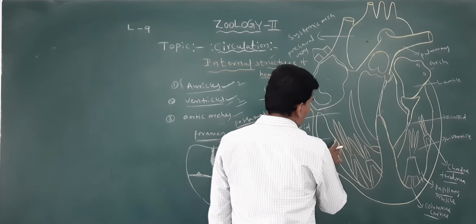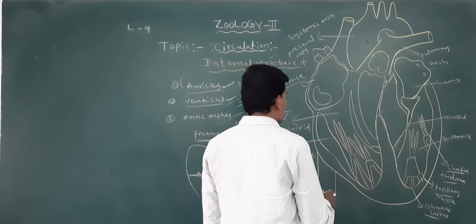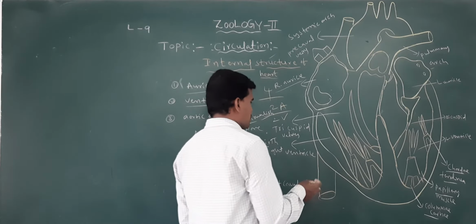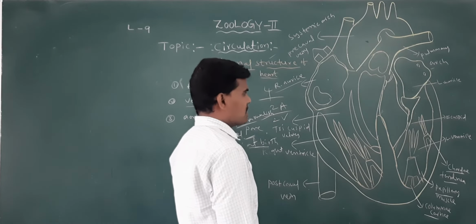Whenever the two ventricles are filled with blood, then on contraction of the ventricles, the tricuspid and bicuspid valves immediately close.